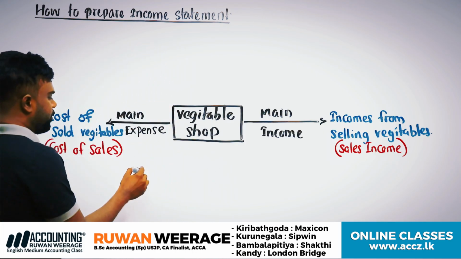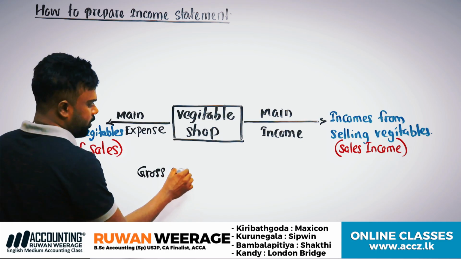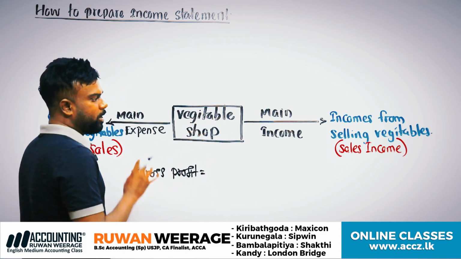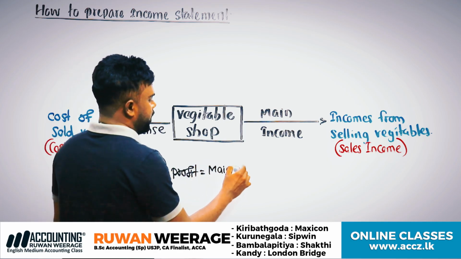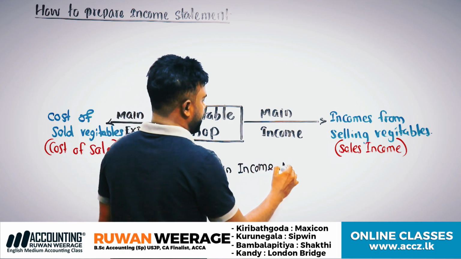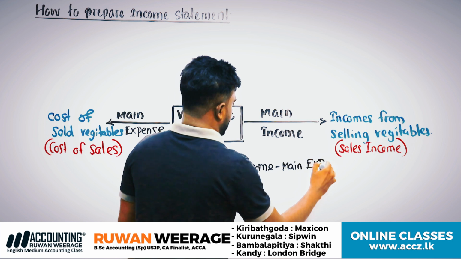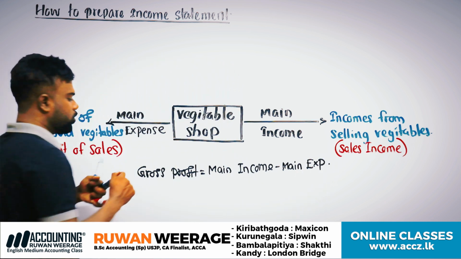So gross profit means simply the difference between main income and main expense. Clear? We identify that as gross profit. So you can write down the gross profit like this.